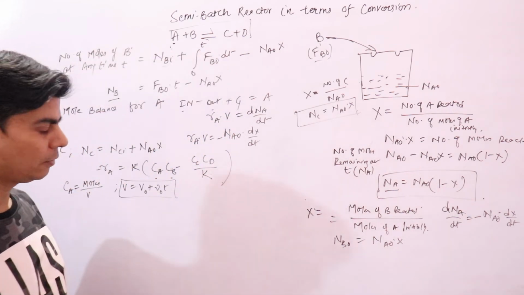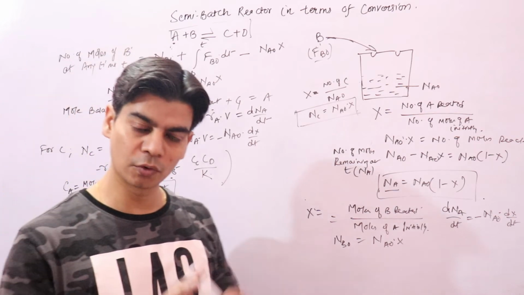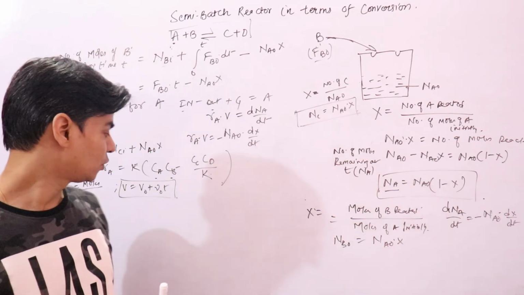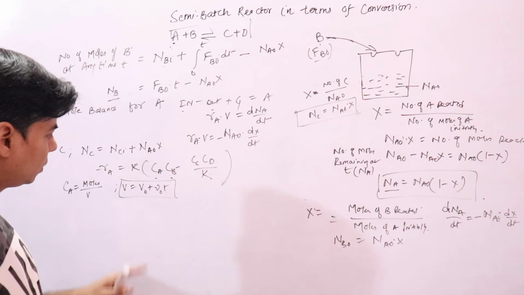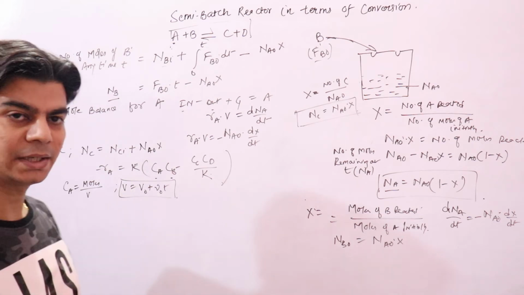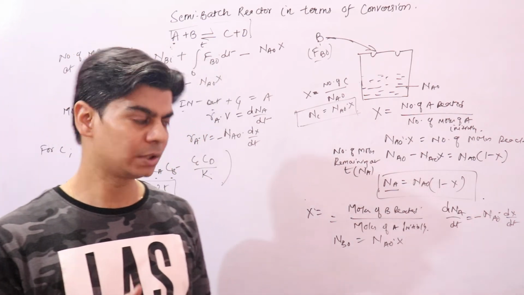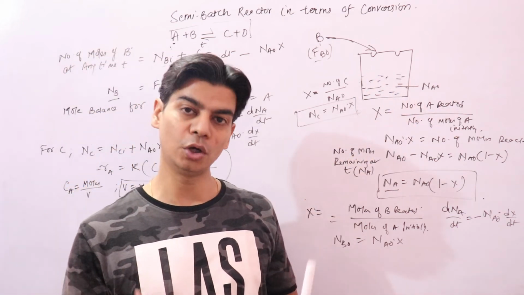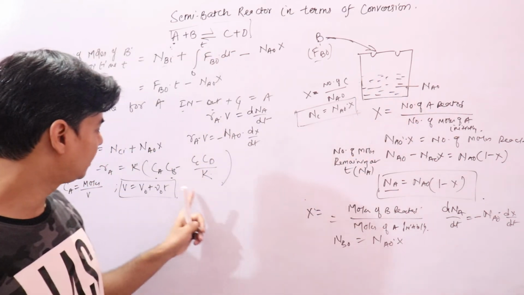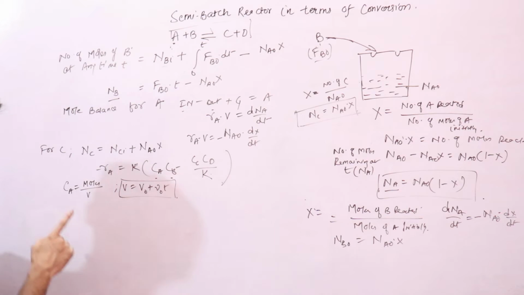When we did the overall mass balance, we got this. This is your volume at any time t, because when you are adding B, the volume is increasing. So for volume we would be using this.